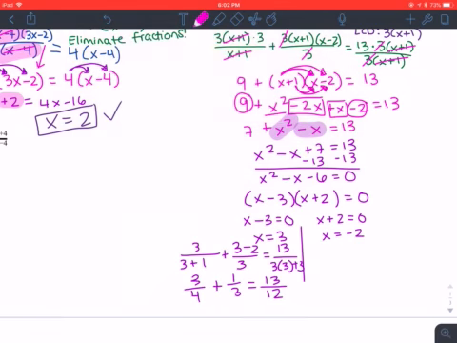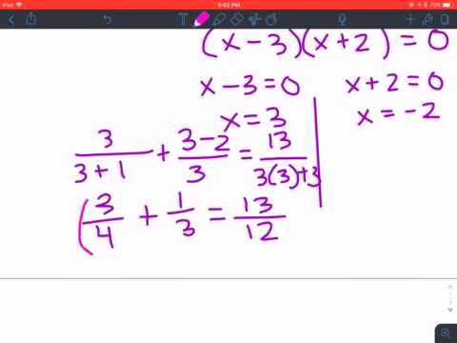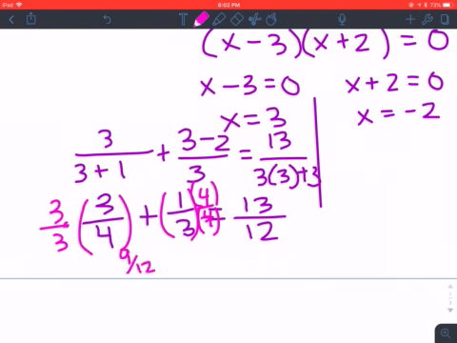You do have to do a little bit of work with fractions here. We need a common denominator, which would be 12, so I multiply this times 3 over 3, and this fraction times 4 over 4. So we get 9/12 plus 4/12 equals 13/12. That is true, this solution works.